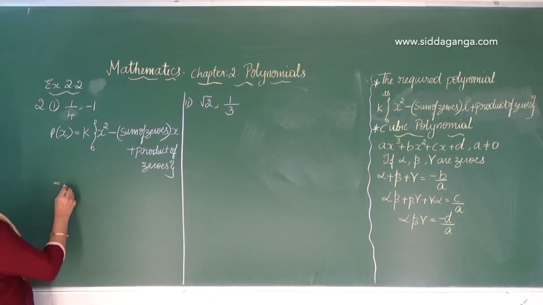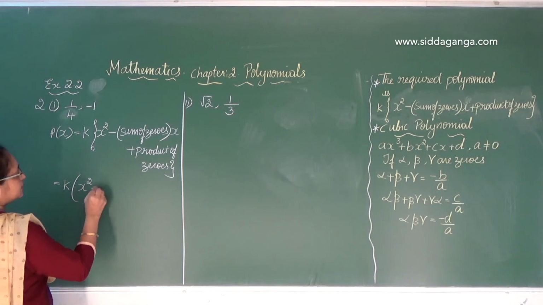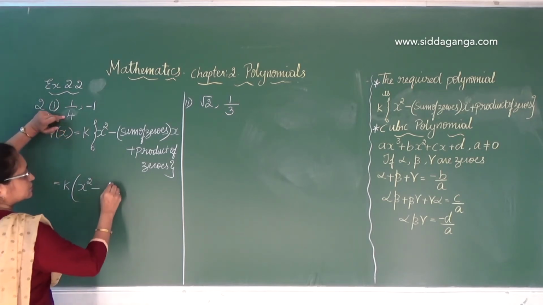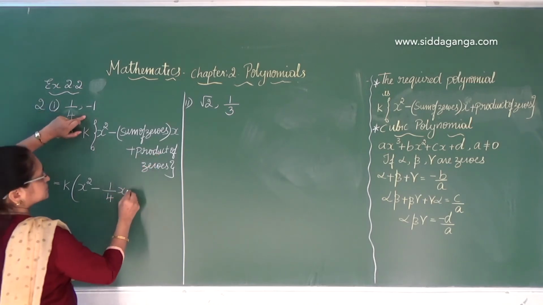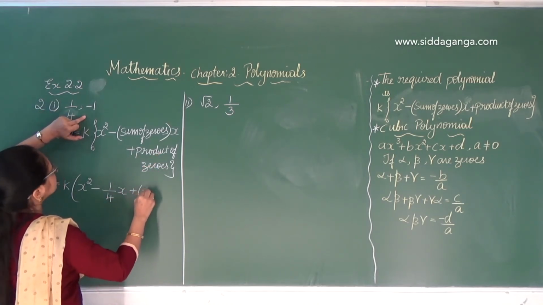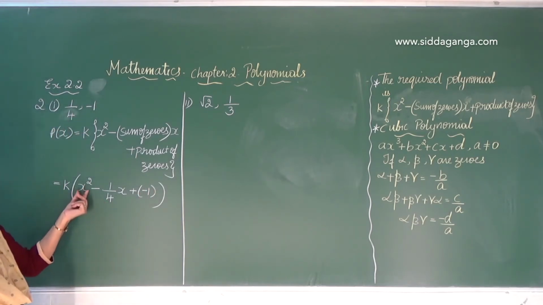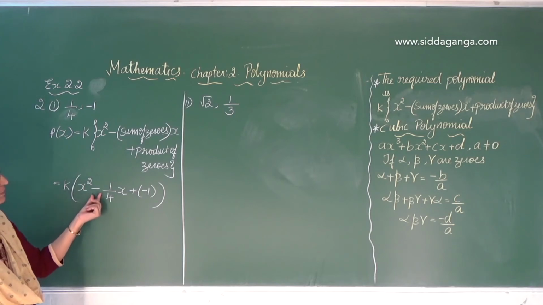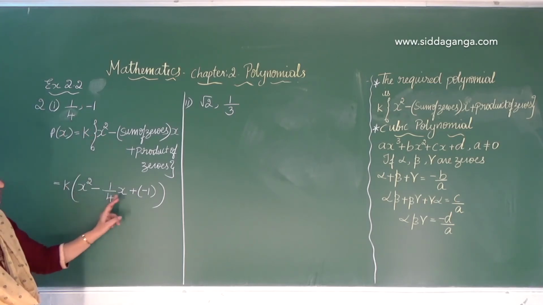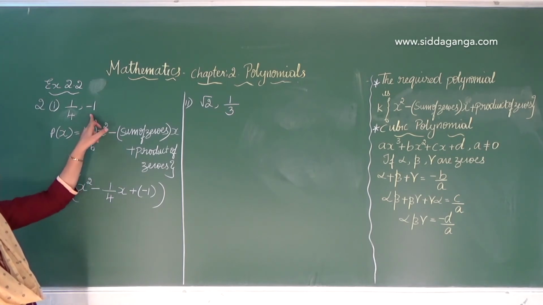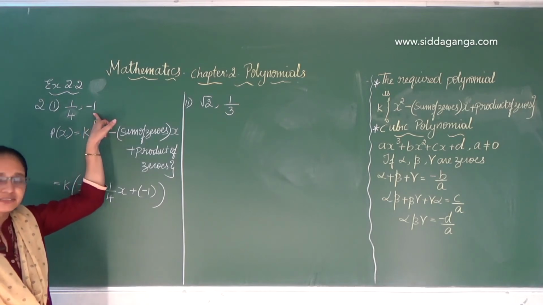Now here k into x square minus sum of the zeros is 1 by 4 of x plus product of the zeros. I hope you understood. x square minus 1 by 4 is the sum of the zeros into x plus product of the zeros. Product of the zeros they have given as minus 1.